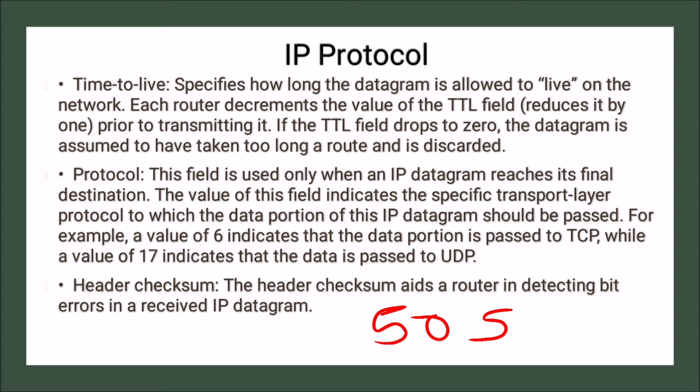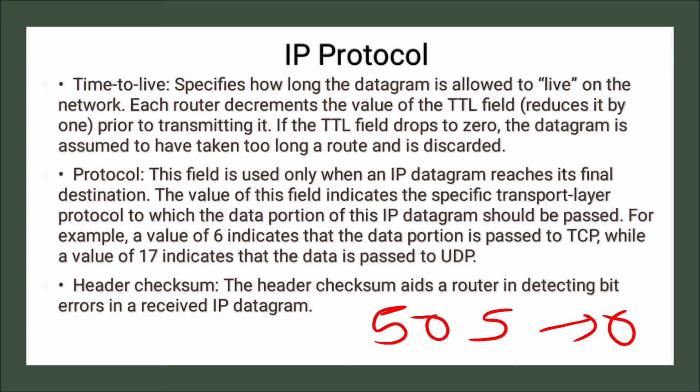Whenever it reduces to 0, the time of living is over. If the TTL field drops to 0, the datagram is assumed to have taken too long a route and is discarded. This is the task of the router.